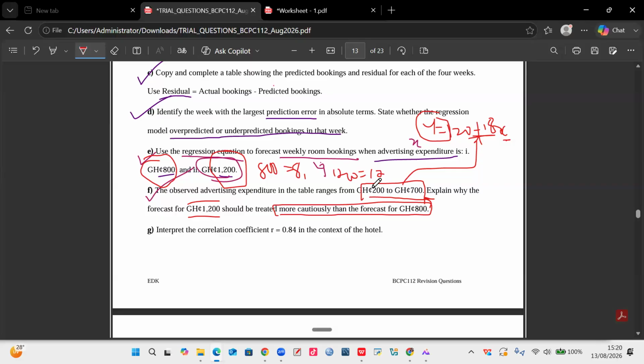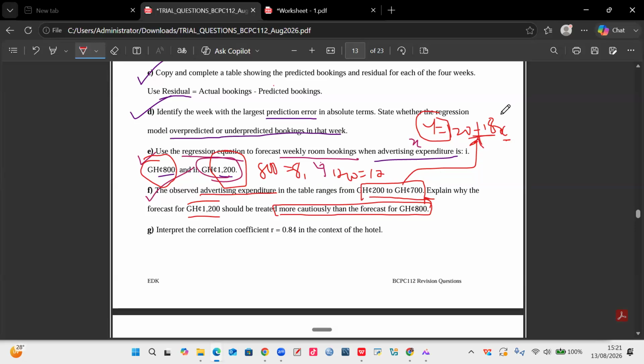Can you go back? Again, explain why the forecast of 1,200 should be treated more cautiously than the forecast for 800. This is because the online advertising expenditure data set ranges from 200 to 700, based on which the regression model was estimated.